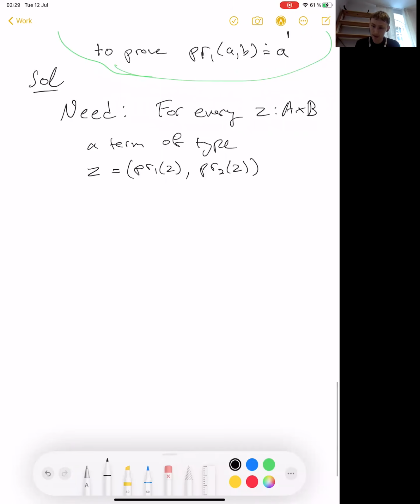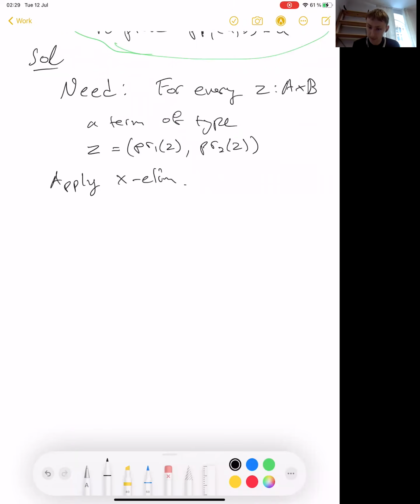Okay, let's apply XLIM first. What XLIM tells us is that z is always going to be equal to a pair of points.